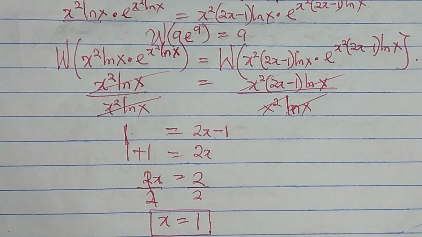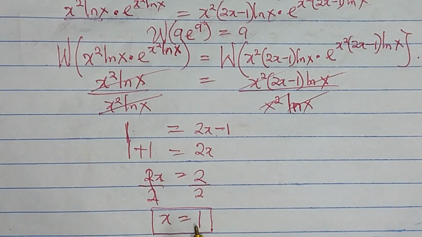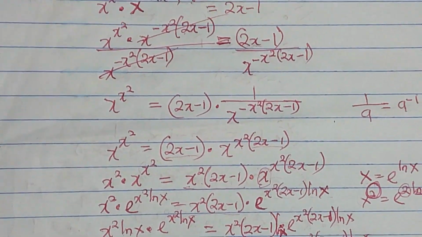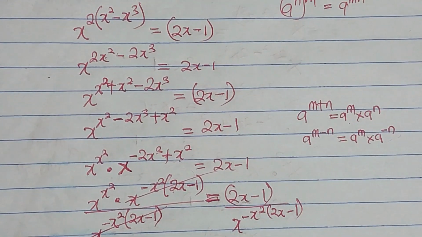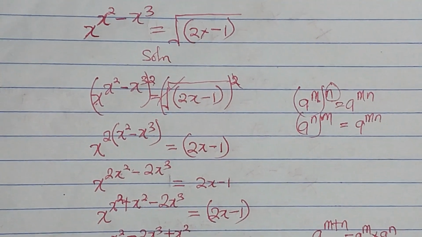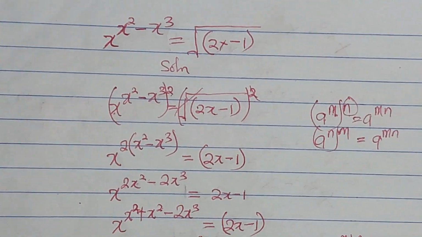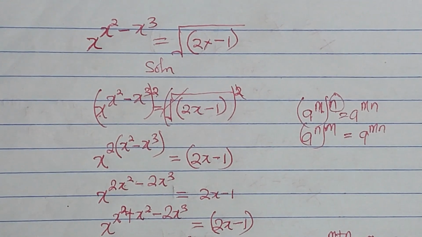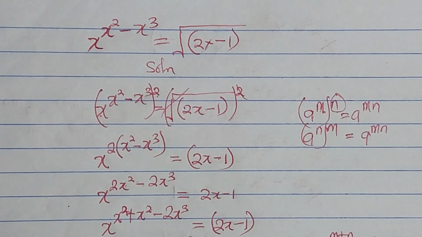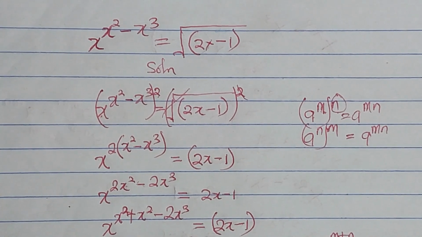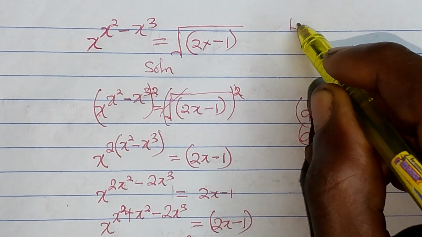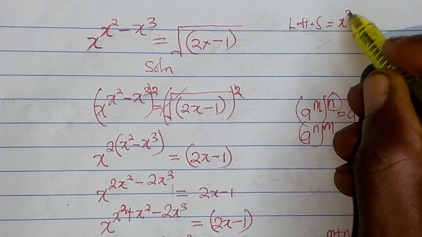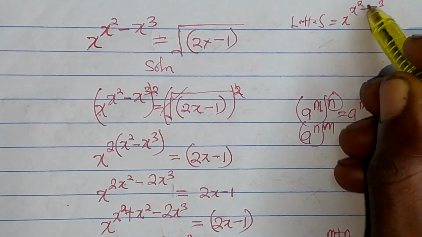So let's check if x equals 1 will really satisfy the equation that was given to us. If x is equal to 1, then the left hand side will be equal to the right hand side. Let's start with the left hand side. We have x to the power of x squared minus x cubed.